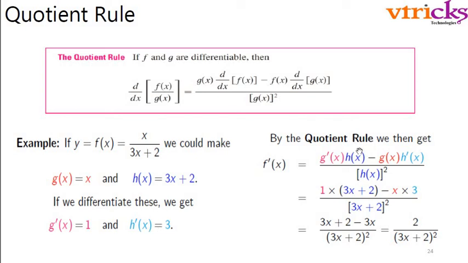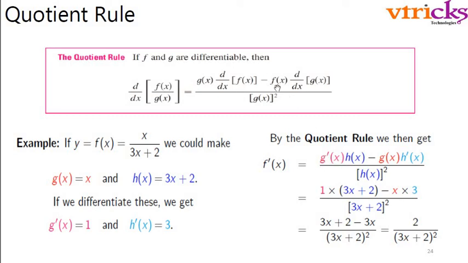So as I said, the quotient rule tells us, look at it here, this is the denominator. Where is my denominator? The denominator is h(x). So we have written h(x) as it is into the differential coefficient of numerator, that is g prime x.